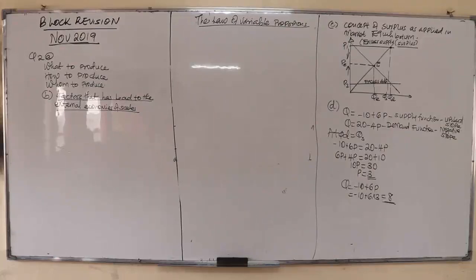Now, the law of variable proportion is also what we call the law of diminishing returns, exactly. So what does the law of diminishing returns state?